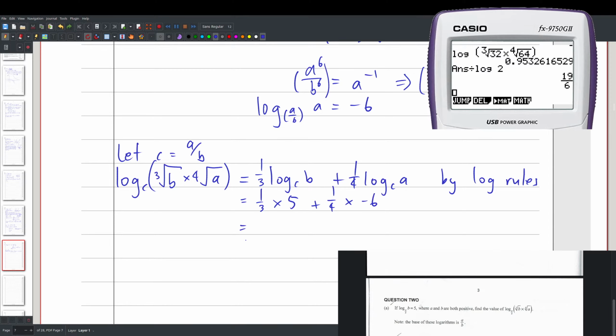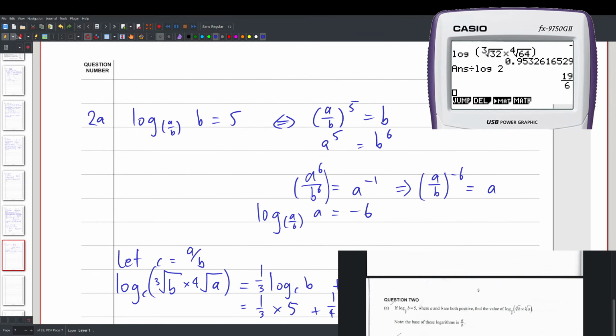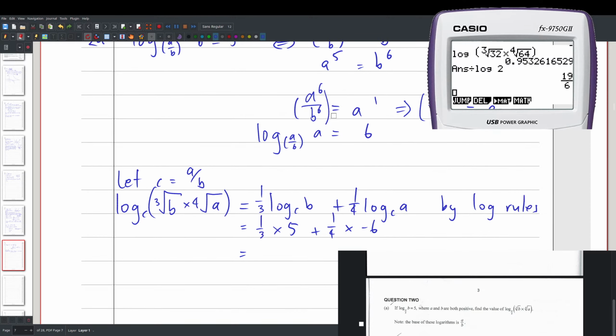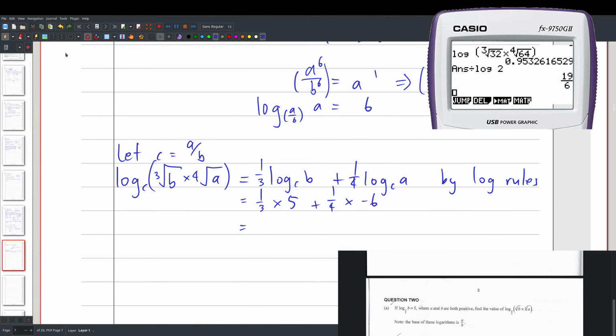That does not seem like 19 on 6 to me, but oh, right, because this is actually wrong. This should be, wait, what? Oh, right, yeah, this is 1. Because you multiply it and then you add 1. I made a mistake there. Okay. And then what's 5 on 3 plus 6 on 4? Oh, that's 19 on 6. There we go. 19 on 6.